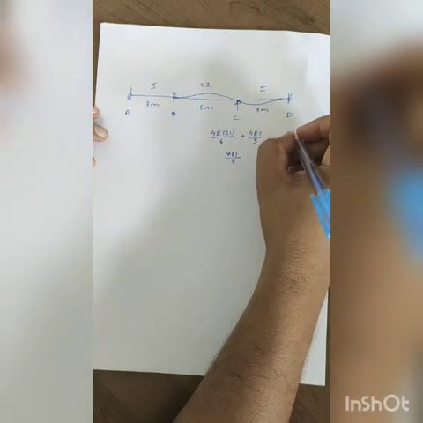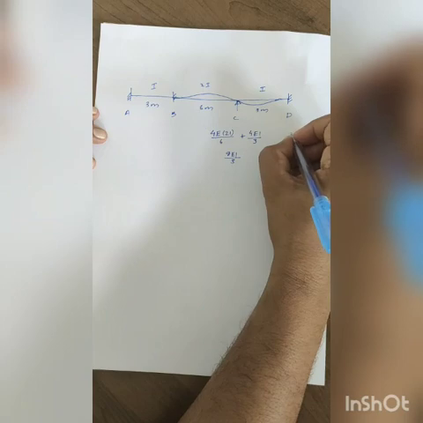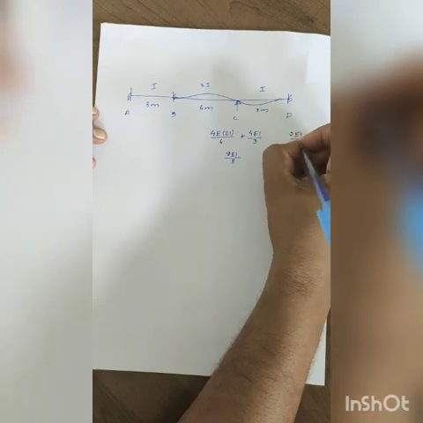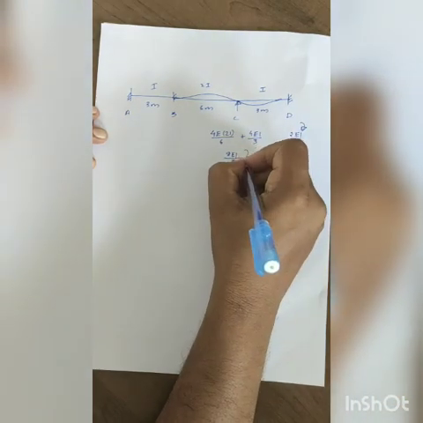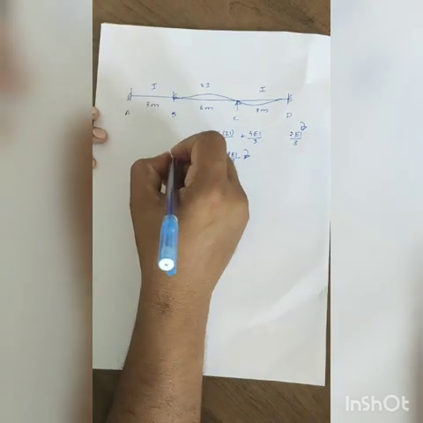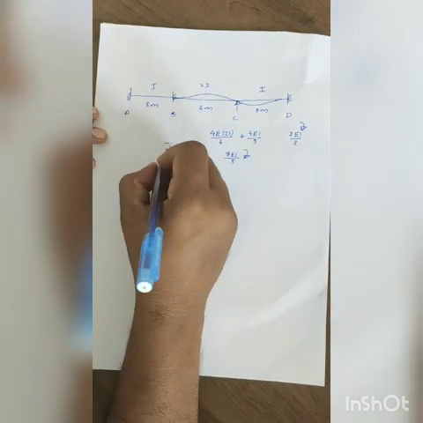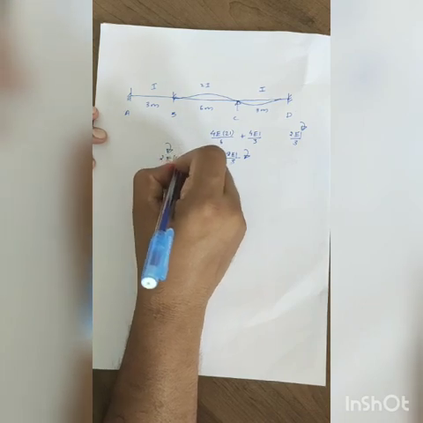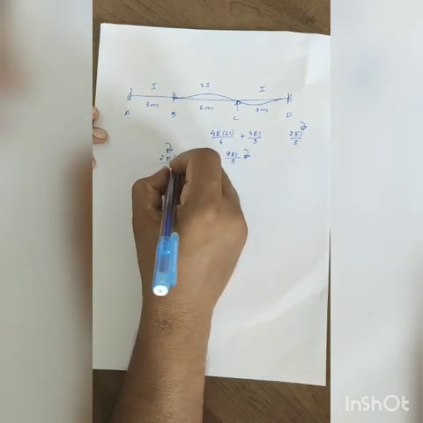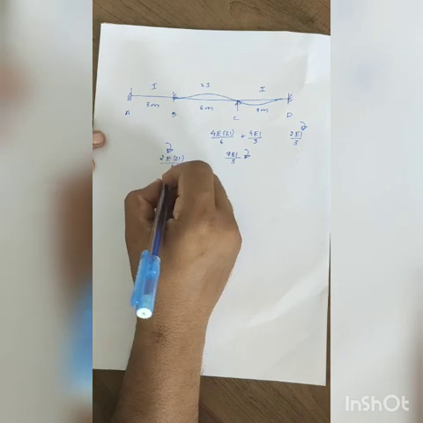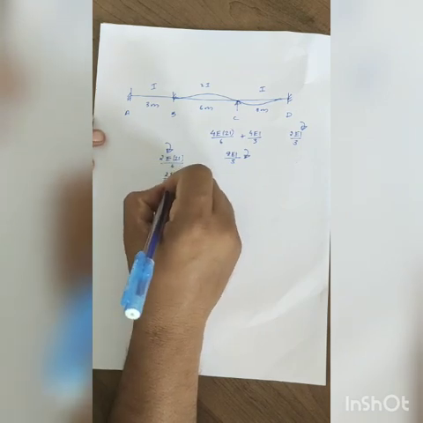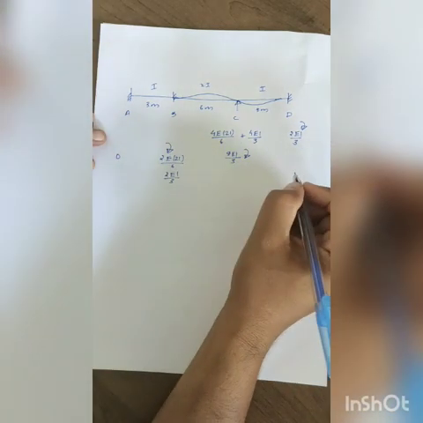The moment transferred at D will be half of 4EI by L, which is 2EI by 3, also in clockwise direction. The moment transferred at B is again in clockwise direction, half of this, so half of 4E into 2I by 6, that is again 2EI by 3. And the moment transferred here is 0.